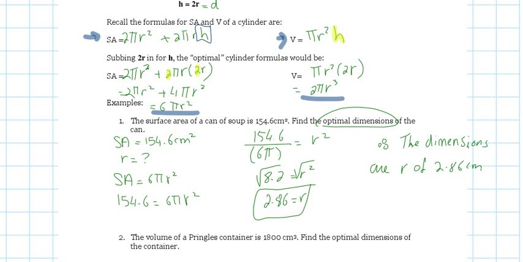That times 2, because my height is twice the radius. A height of 5.72 centimeters. Now what I want you to do is take the next question and try to solve it yourself.